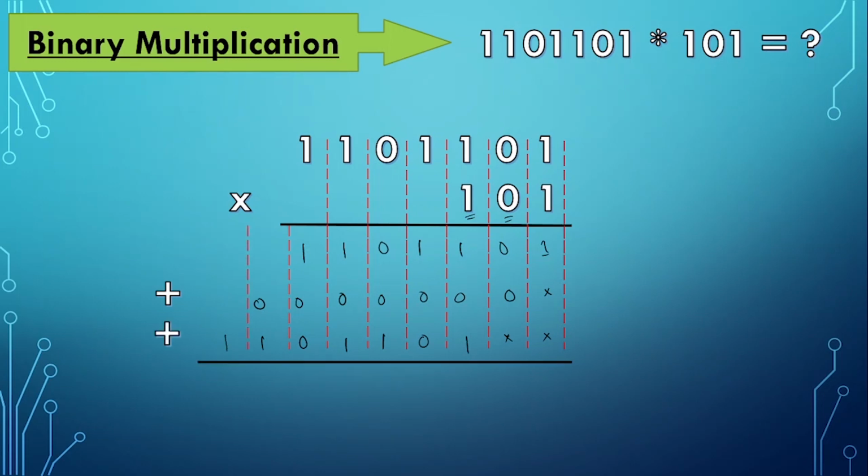And now we will perform addition. So here 1 x means nothing is there, so addition is 1. 0 plus 0, 0. 1 plus 1, sum is 0, carry 1. So 1 plus 1, again sum 0, carry 1. 1 plus 0 plus 0 plus 1, sum 0, carry 1.